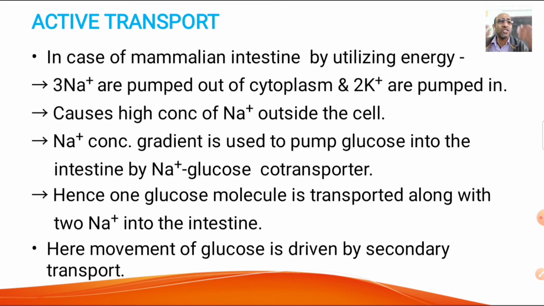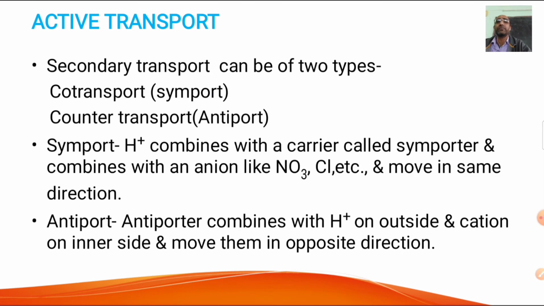So, here it is quite clear that the secondary active transport is dependent on the primary active transport of sodium potassium pump for its own movement. Got it? So, this is what primary and secondary active transport is all about.